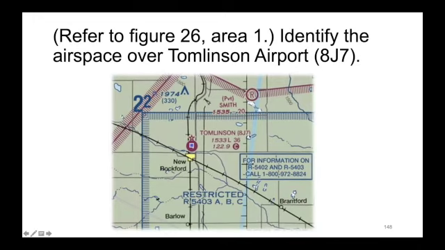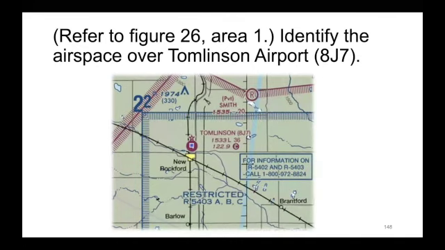What I have found is that there's Savannah Airport and then there's Savannah Executive Airport, and you want to make sure you're getting the right airport when you're looking at your map and your questions. So in this case, if you go to figure 26, area 1, that's 1 with a red dot, that should get you close to the airport, so you're not searching all over for it.